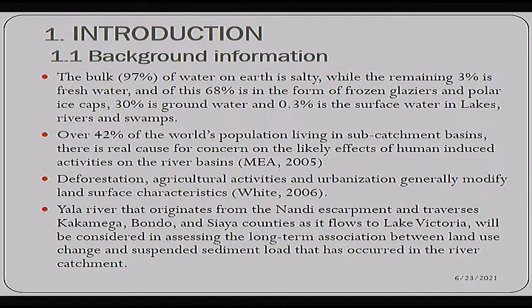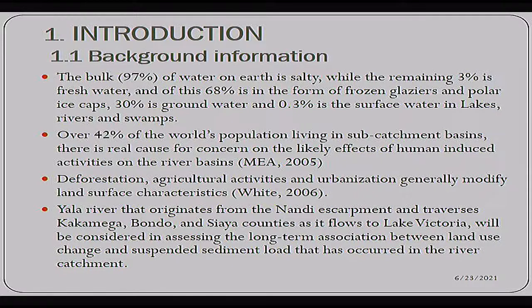And 42% of the population of the world lives in sub-basin areas. Naturally, people want where there are greens and where there's water. So if we don't conserve these sub-basins properly, then we are killing off 42% of the population of the world.